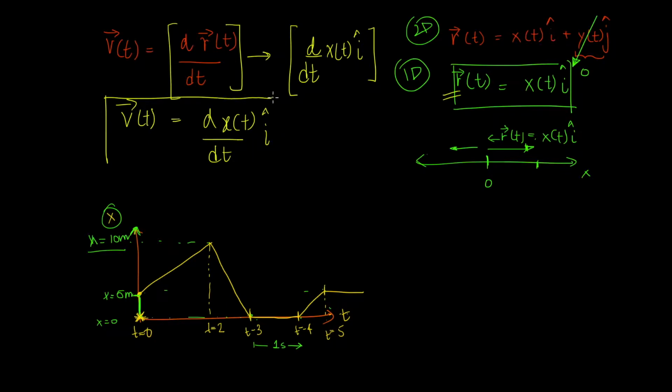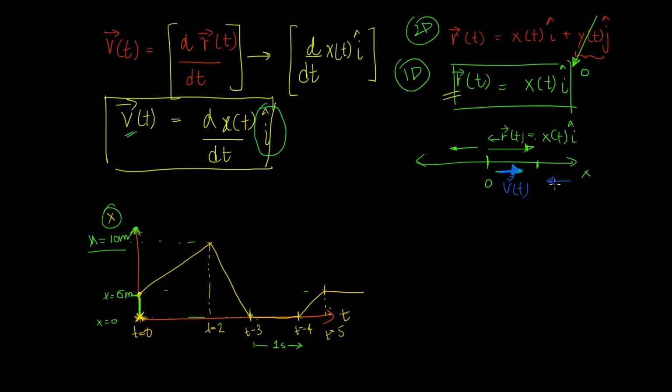Now, this gives us some very special properties. First of which, we see that the velocity vector happens to always point in the i direction, or in the plus or minus i cap direction. That is, it could point here. Let me use another color. It could point here. The velocity vector could point there at some time.